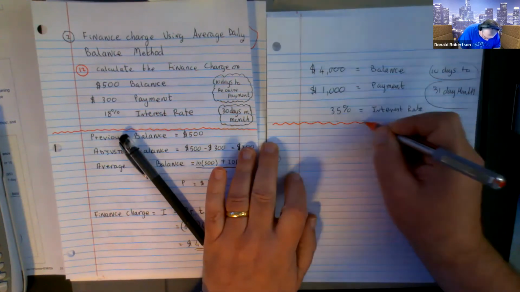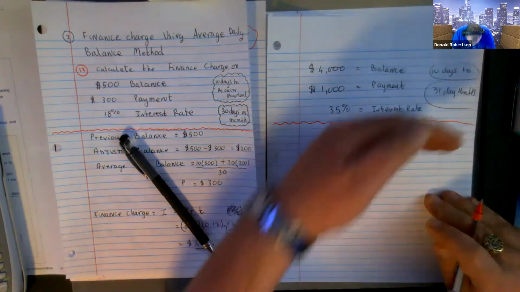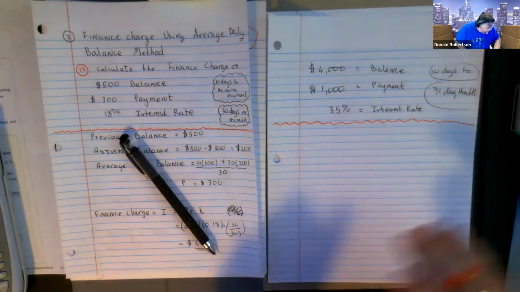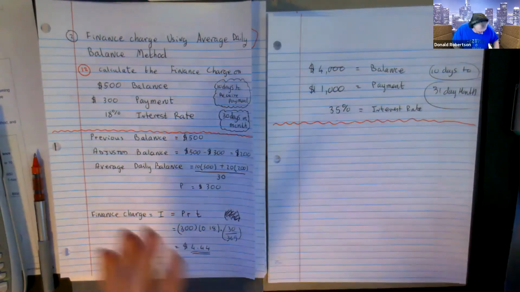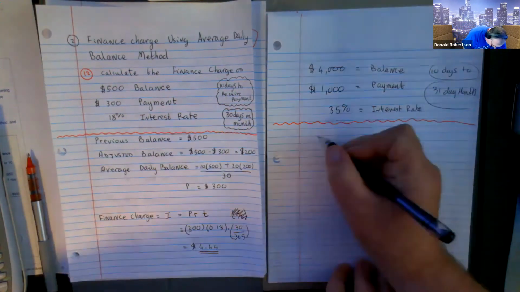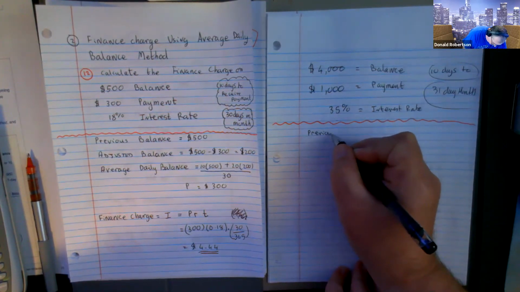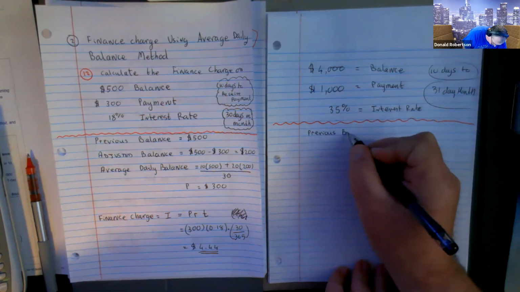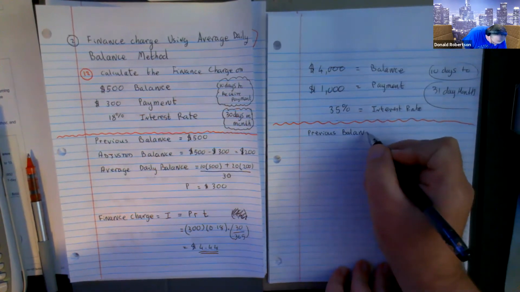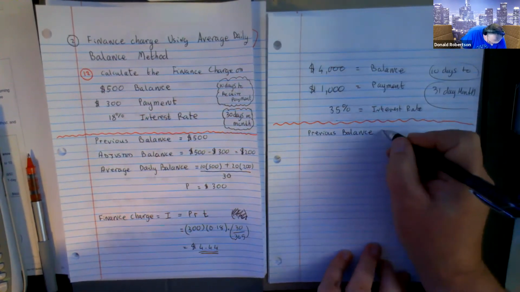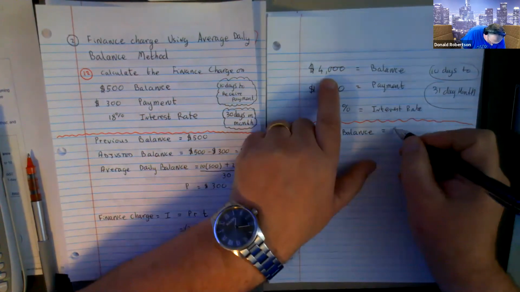So I do my little wall so that this is stuff we know. We're now going to calculate the finance charge. So there's a guy called the previous balance. And in this case, it's $4,000.